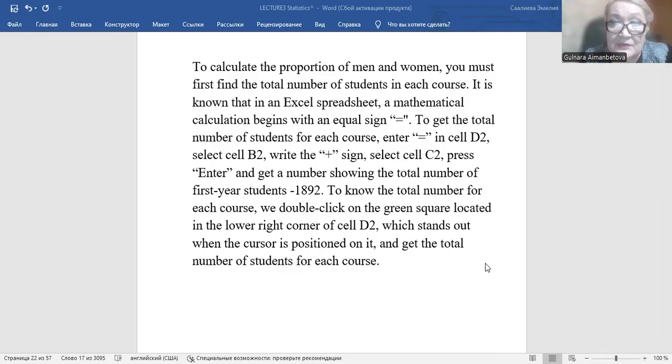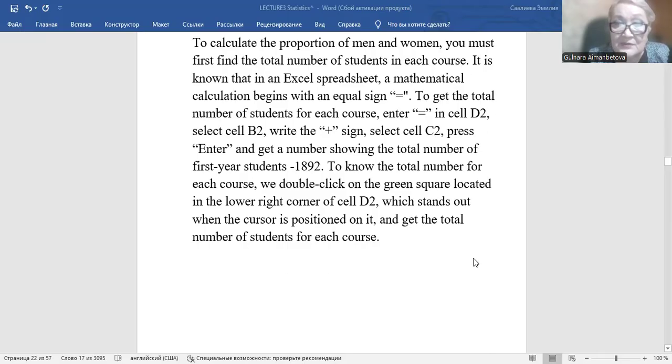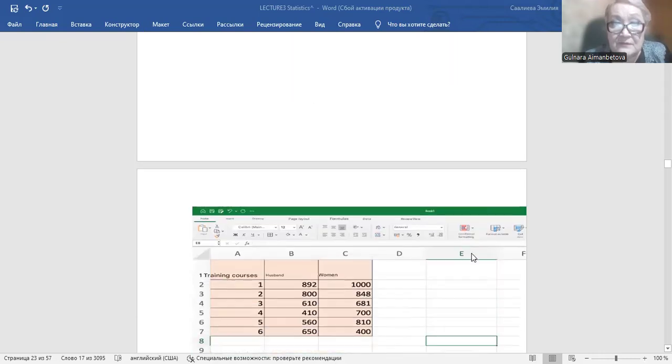1,892. To know the total number for each course, we double click on the green square located in the right corner of cell D2, which stands out when the cursor is positioned on it, and get the total number of students for each course.